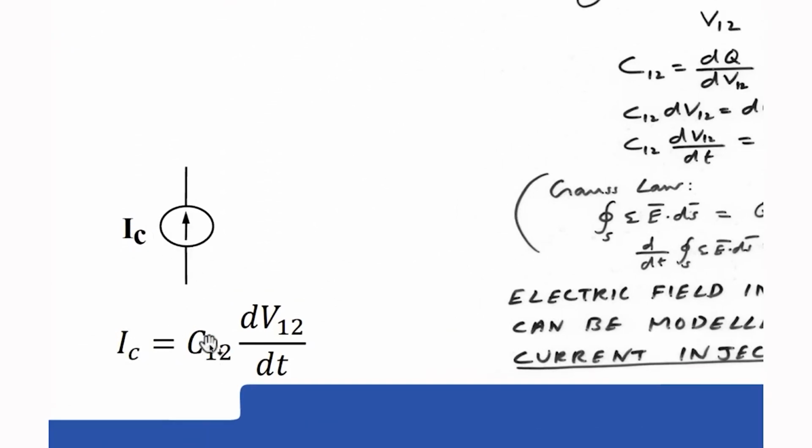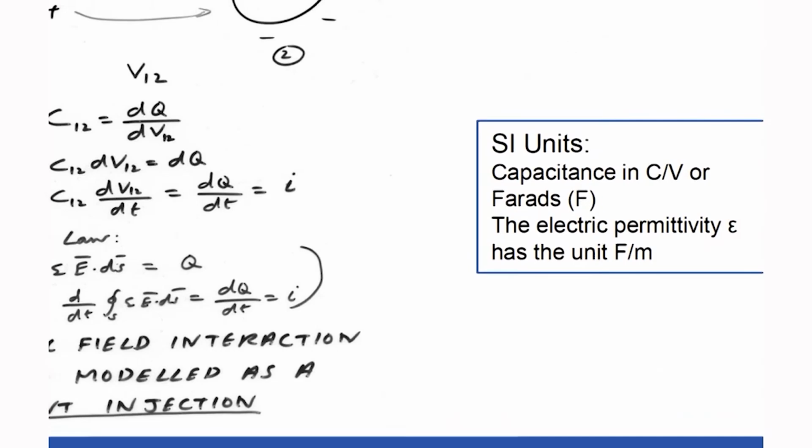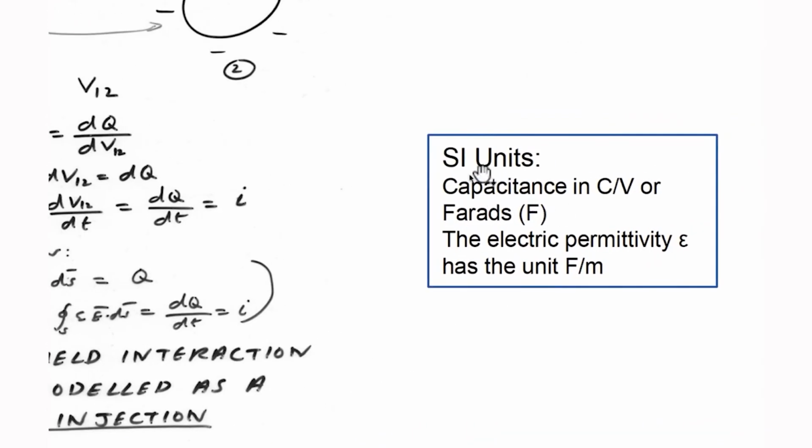IC is nothing but C12 dV by dt, the rate of change of voltage. It is this one. Now, in SI units, capacitance is in coulombs per volt, which comes from here, or we can call it farads. The electric permittivity epsilon has the unit farads per meter.